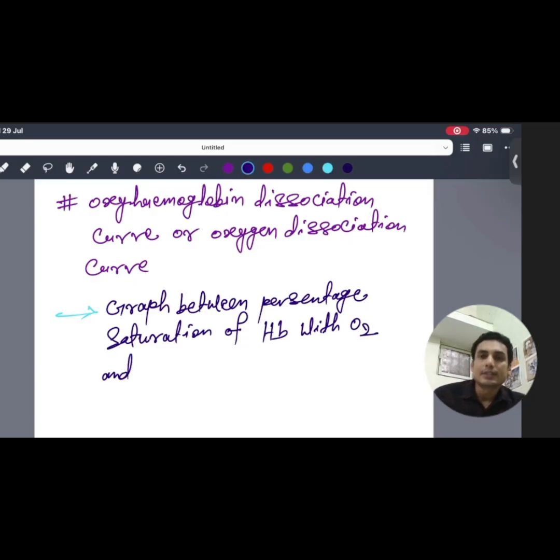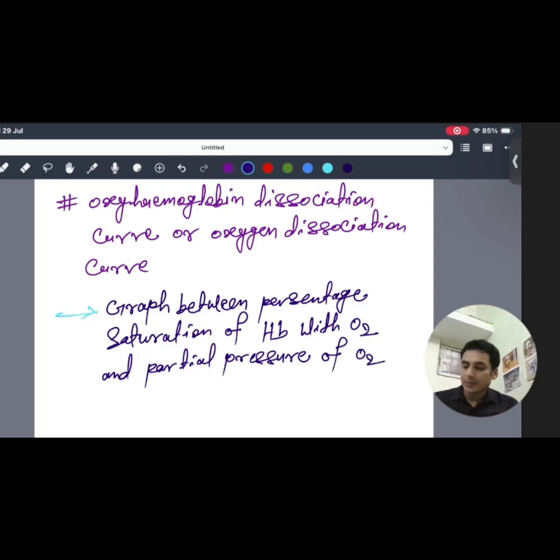Simply you can say concentration of oxygen, or you can say partial pressure of oxygen, because partial pressure of oxygen depends on the concentration of oxygen. So the graph is between percentage saturation of hemoglobin with O2 and partial pressure of O2.